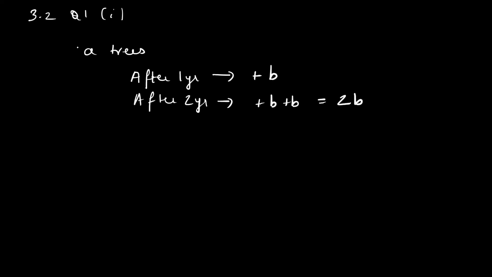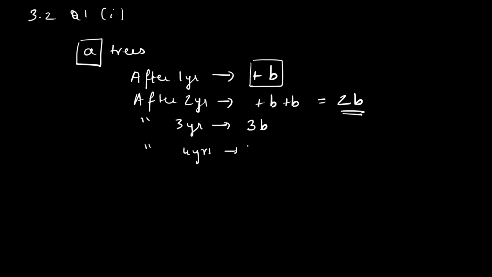So what is happening is first year the trees are these many. Now every year we are adding b. पहले साल में एक बार ही बी ऐड हुआ, सेकेंड ईयर में 2 बार बी ऐड होगा, तो 2b. After 3 years there will be 3b extra trees. After 4 years there will be 4b extra trees.